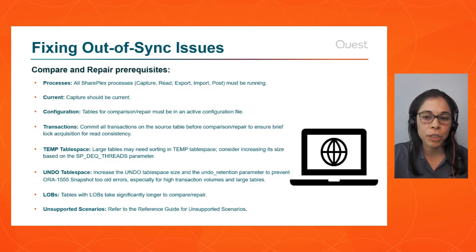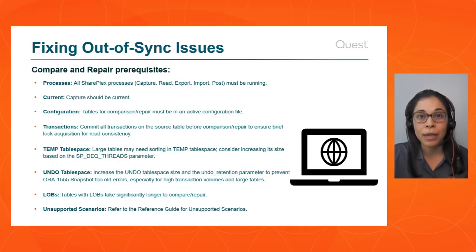Remember, refer to the SharePlex reference guide for any configurations that might not be supported in the compare and repair operations. If you ensure these conditions are met, this is going to help you avoid any interruptions during the compare and repair process, and it's going to provide you accurate and efficient synchronization.